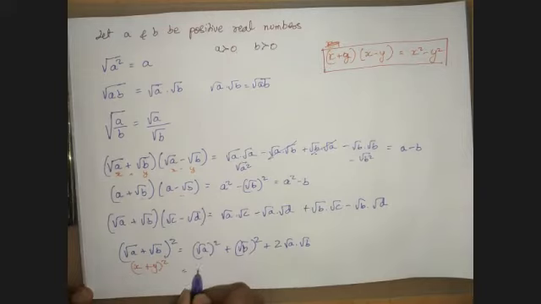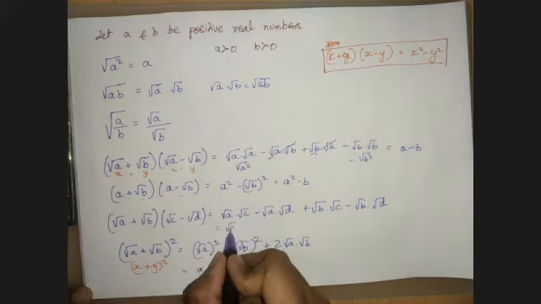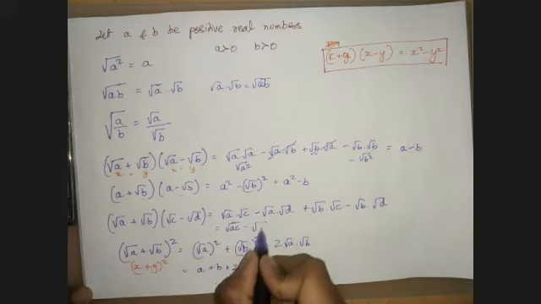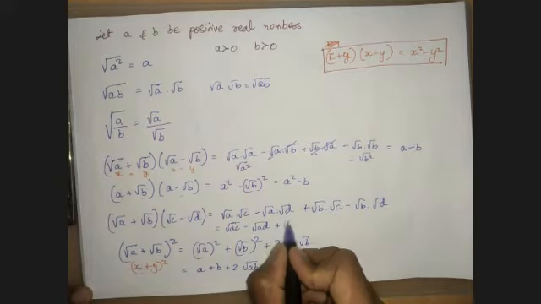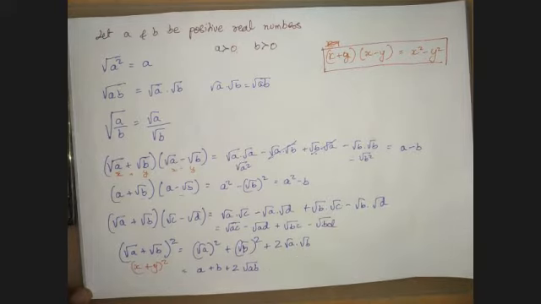So this is nothing but a plus b plus 2 root ab, since root a into root b is root ab. In the same way, we can simplify the previous one also. It is root ac minus root ad plus root bc minus root bd. Is it fine? Okay.